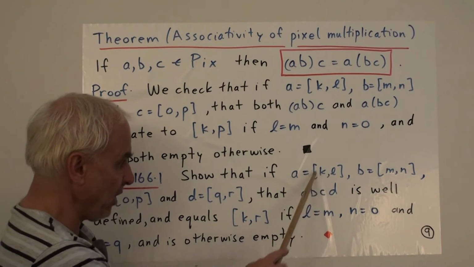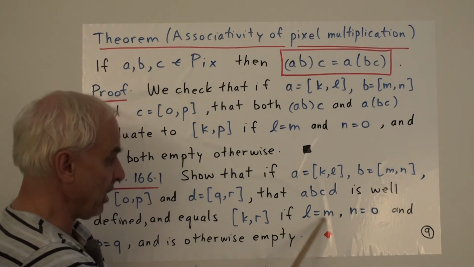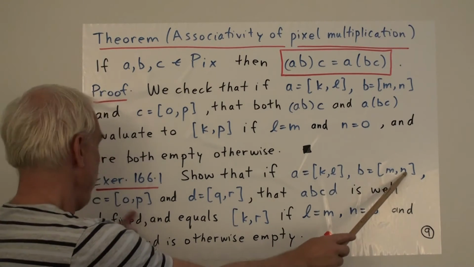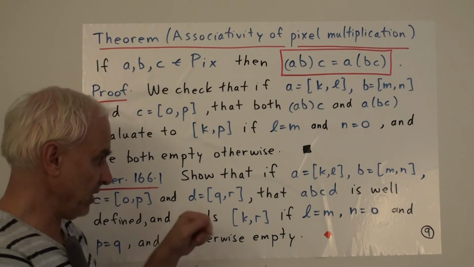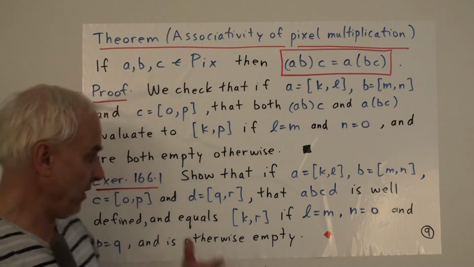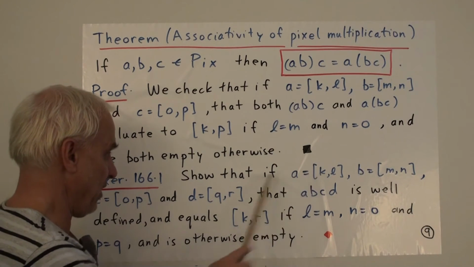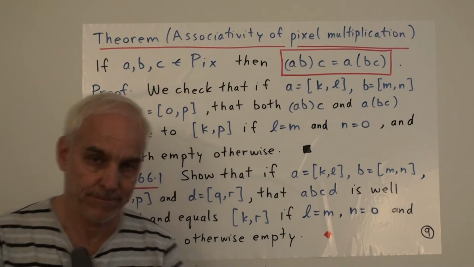That's the first one here and the last one there. Precisely when L equals M, when these agree, and when N equals O, and when P equals Q. So if all of the interior ones agree, then the product is not empty and we get KR. And otherwise, we just get an empty product.